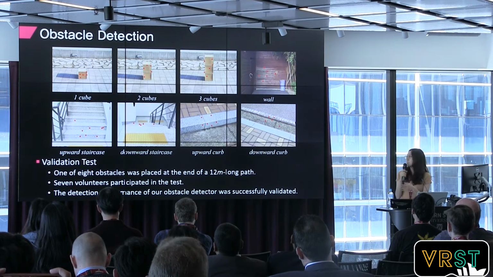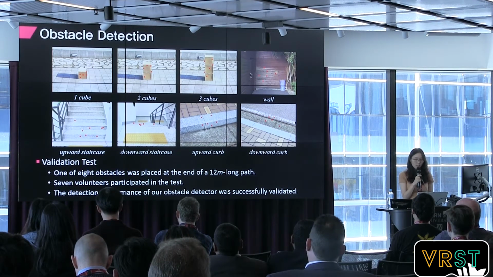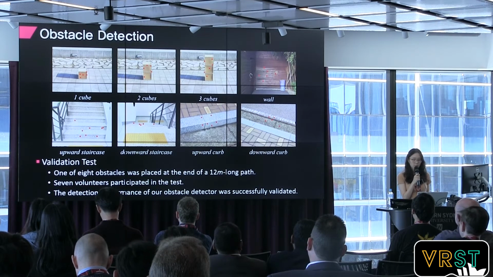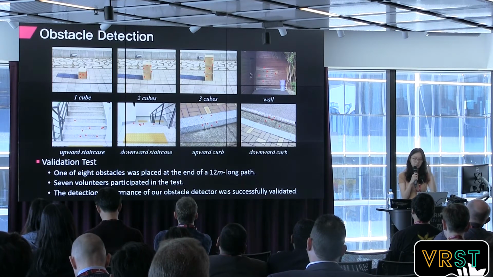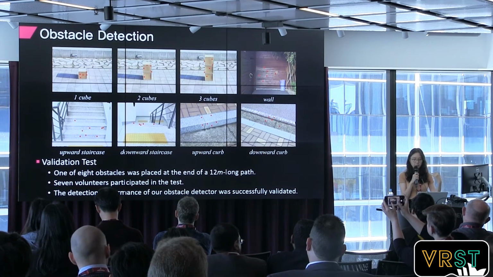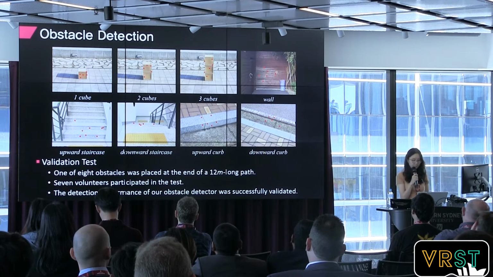The figure visualizes part of the obstacle features, and the detection performance of our obstacle detector was successfully validated not only for those that are vertically high, such as the cubes, walls, and upward staircases, but also for those that are actually low, such as the downward staircase and the downward curb.